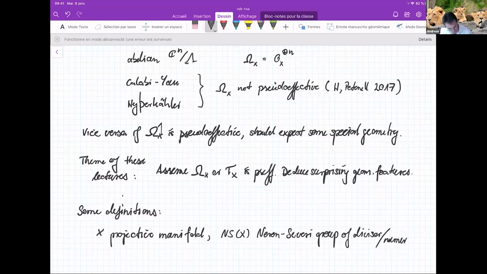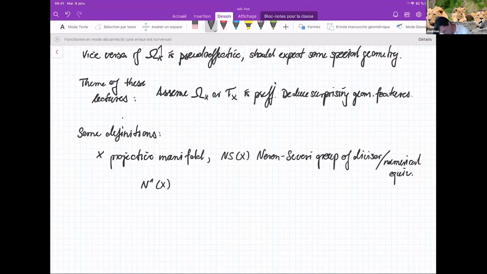Okay, so this is a group, and now since I will want to take limits, I tensor this Z-module with R. And so then I get my vector space of R-divisors modulo numerical equivalence.